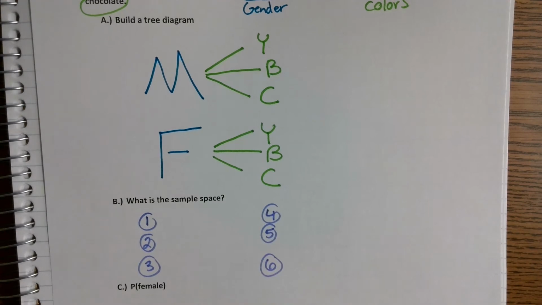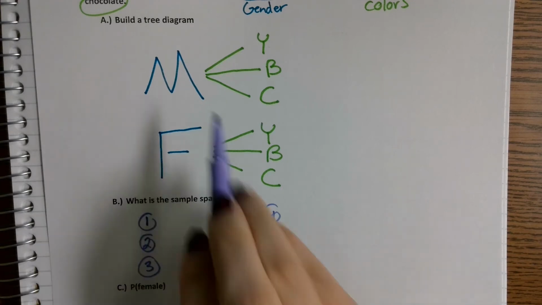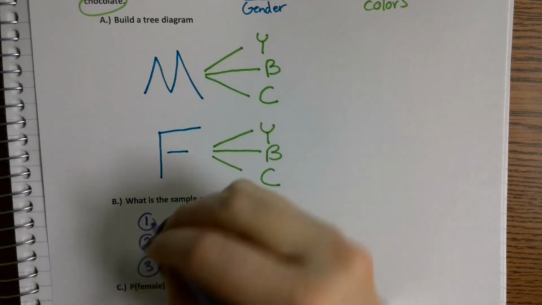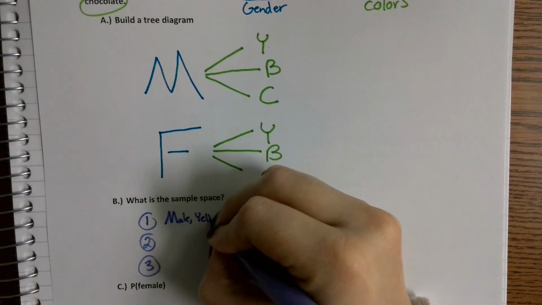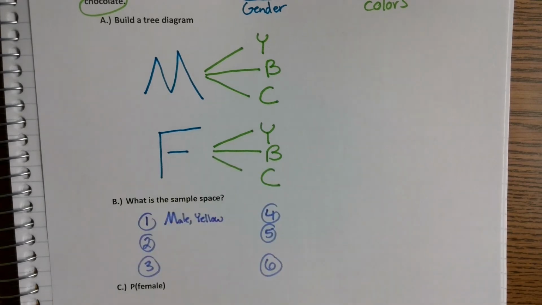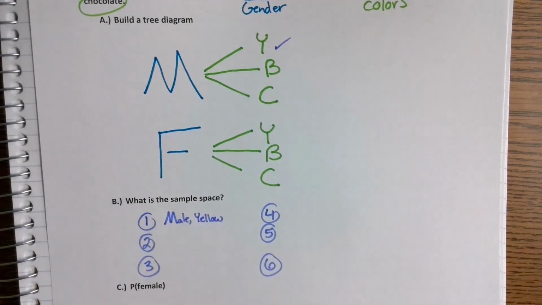So what is my first possible outcome? Look up at the tree diagram. What is the first thing I'm going to write in my sample space for one of the outcomes? So male, yellow. Male, yellow. That's the first one.